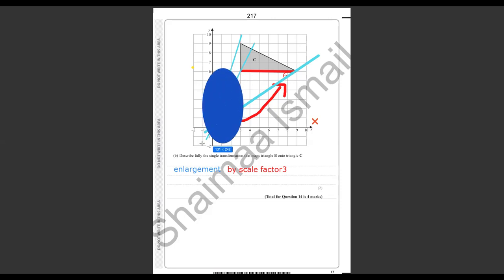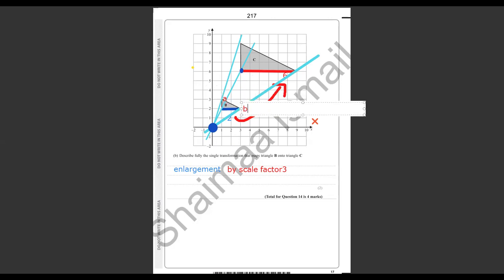So if we say, for example, this is triangle ABC, we join A with A dash, and this is B dash, and here C dash.